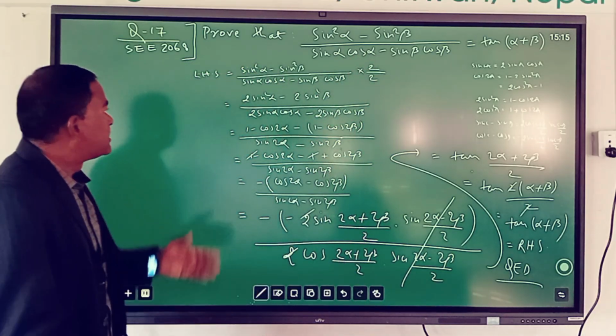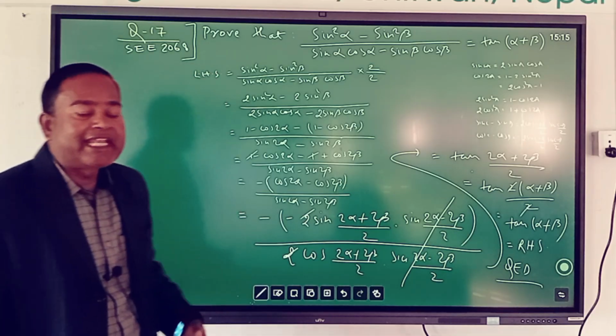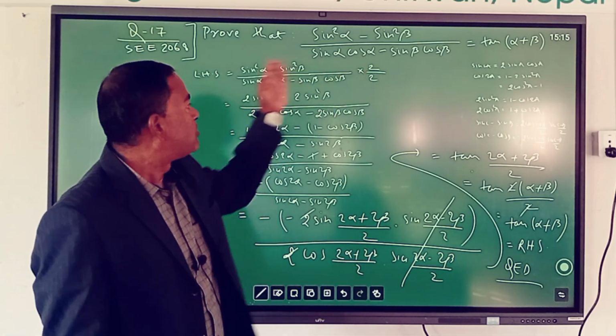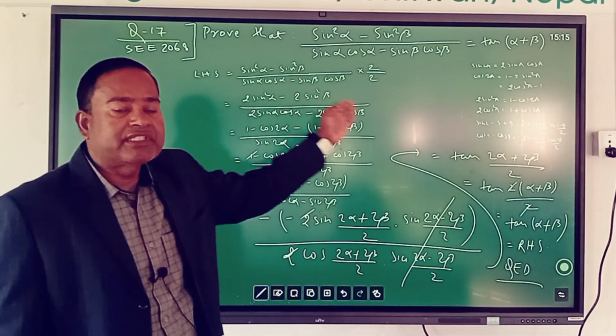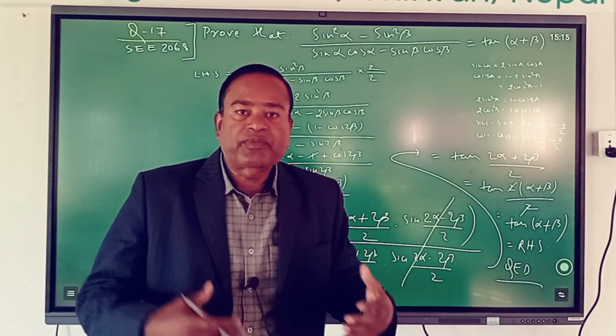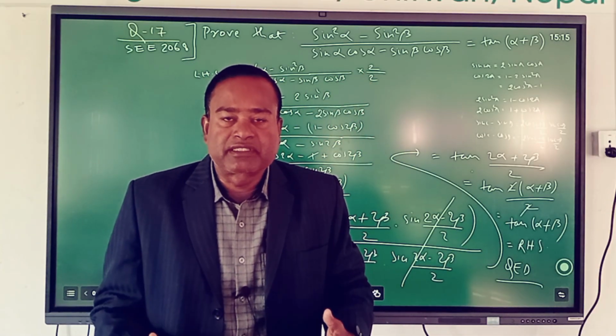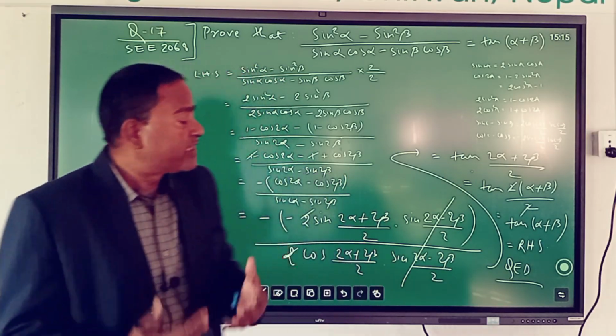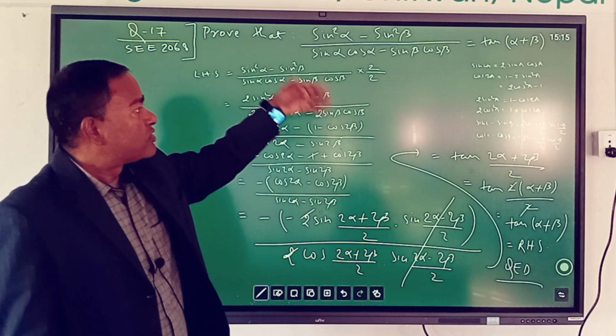So at first we have taken LHS and we have multiplied the numerator and denominator by 2. This type of step is called manipulation. That means we have to apply a certain trick in order to solve the question.